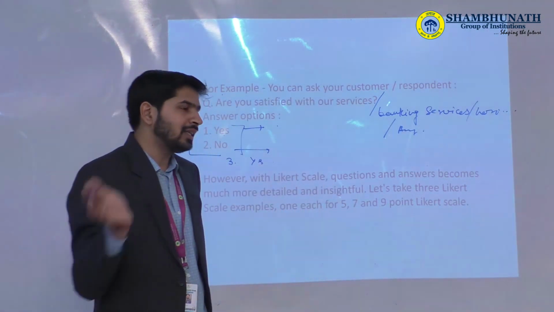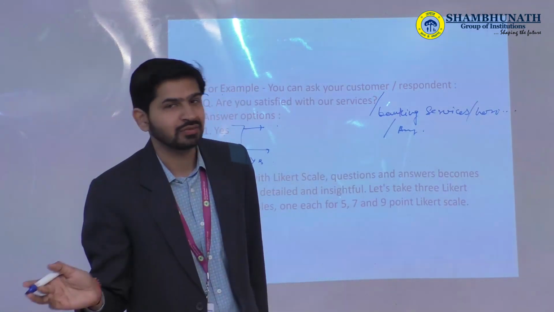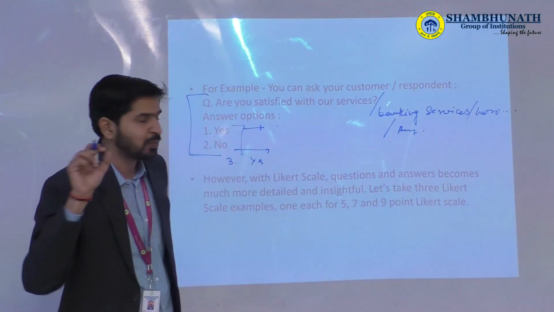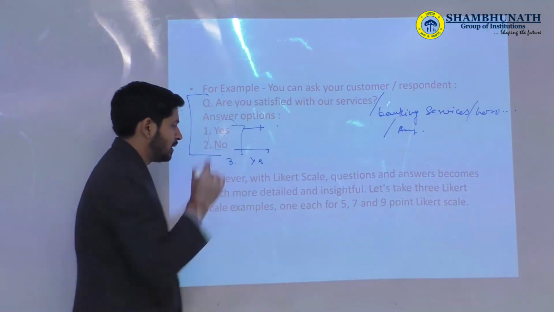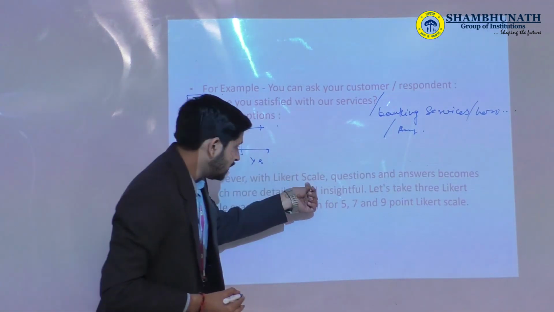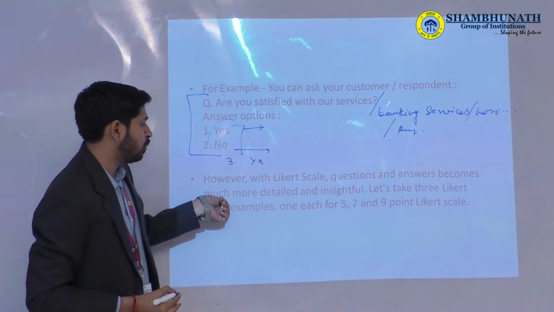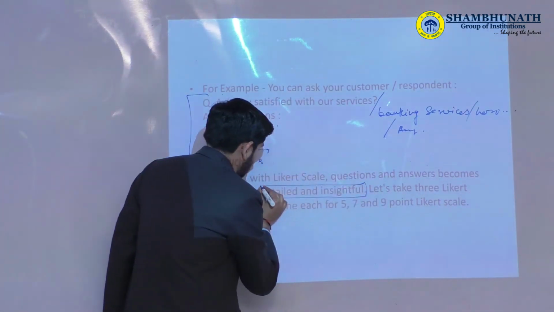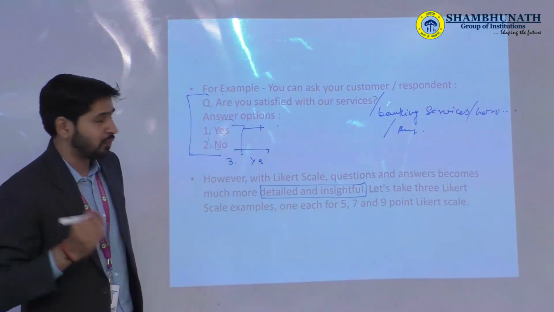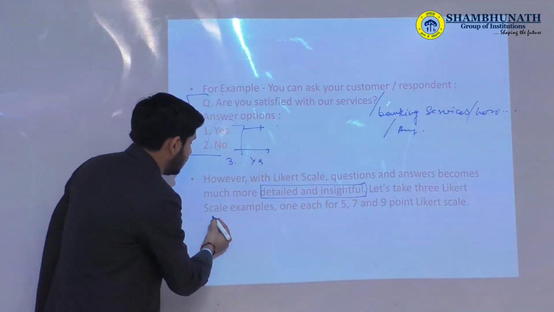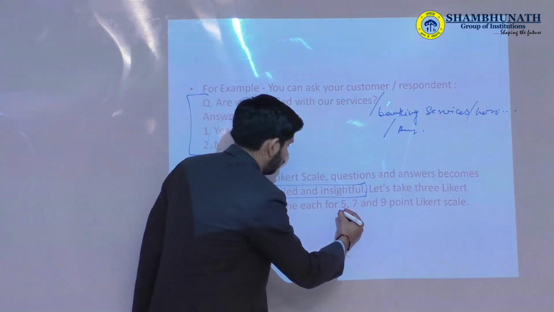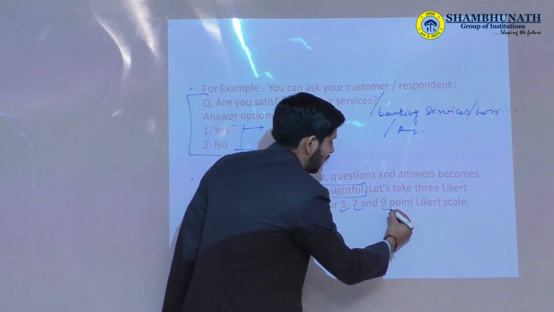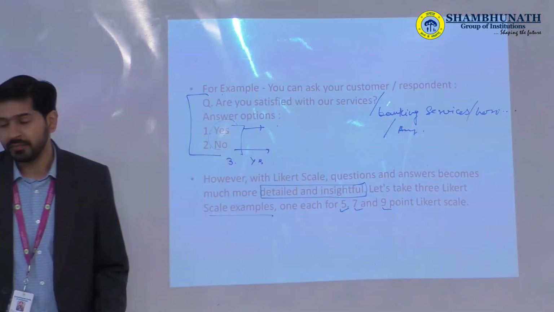It means neither satisfied nor dissatisfied. So that person or that percentage is not captured with yes or no. So Likert scale question and answer becomes much more detailed and insightful. So let's take three Likert scale examples, one each for 5, 7 and 9 point Likert scale.